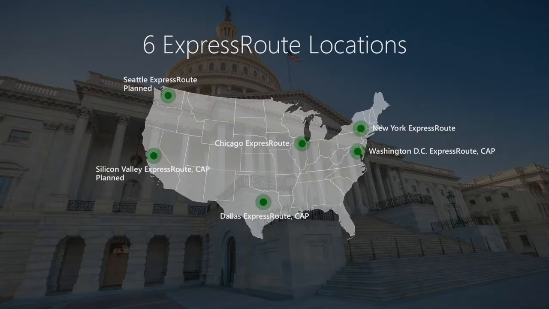Silicon Valley here is actually live now. The CAP is planned, but some of these CAP references are the DoD cloud access points, beyond just the Microsoft ExpressRoute connections. If it's a DoD specific system that you're looking at to get an ATO, CAP will certainly be part of your process, I can promise you.